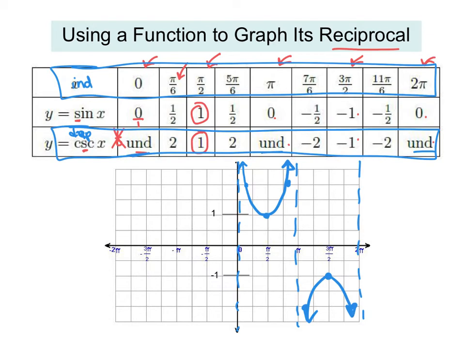And if I continue this pattern without looking at a table, well, every other one was a vertical asymptote. So this would be, and this would be. And that maximum or minimum turns into a maximum or minimum point, and it was halfway in between the asymptotes. So this is, oops, I drew that in the wrong spot. It's alternating.